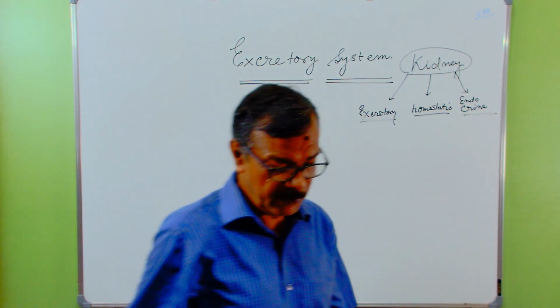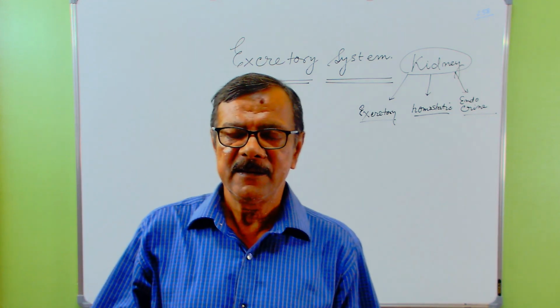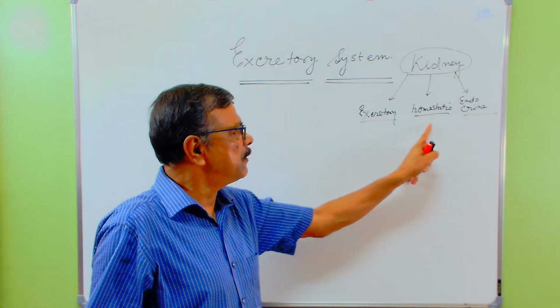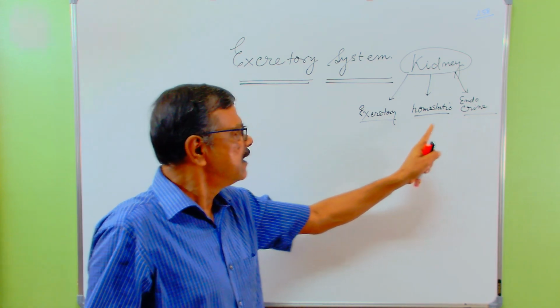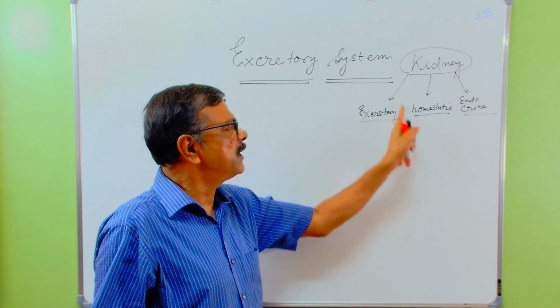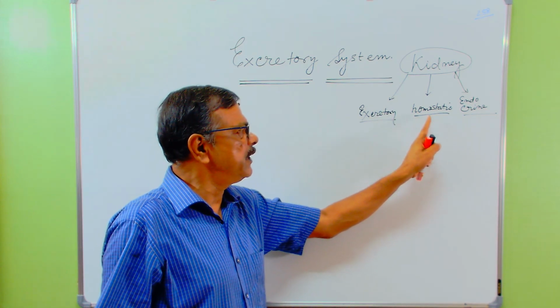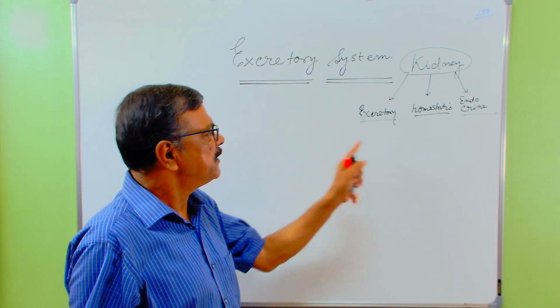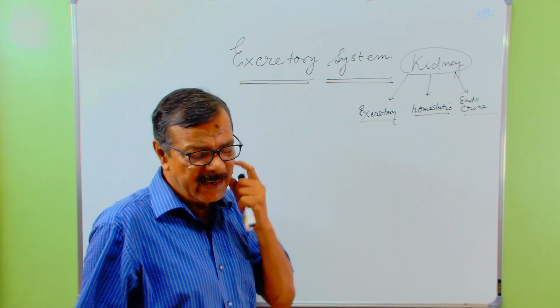The kidney secretes some hormones. So the kidney performs the excretory, homeostatic and endocrine functions. We will discuss the excretory functions, and we will discuss these two also a little bit. Now, this excretory function is done by the kidney.